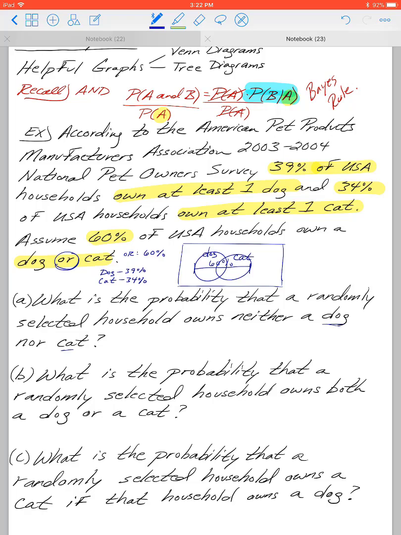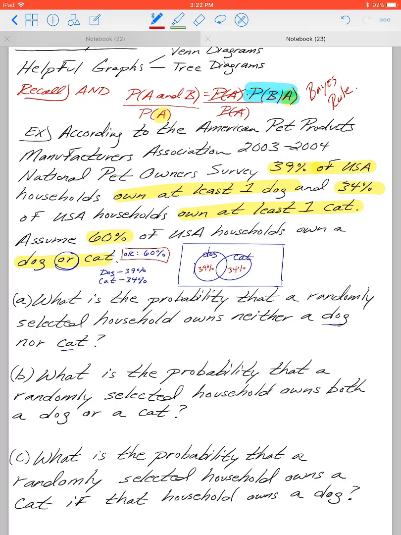So if I tried to go on here and simply throw the percents into the bubbles, 39% for dog, 34% for cat, I would actually have an issue right away, because I'm making the next statement saying that the union will be equal to 60%. I'm making that untrue. So this is actually kind of a brain teaser.